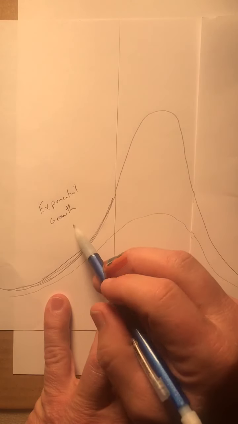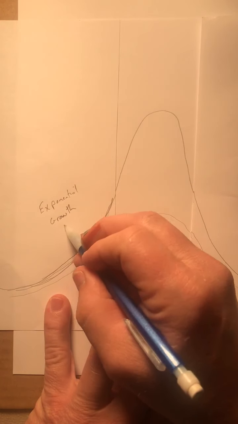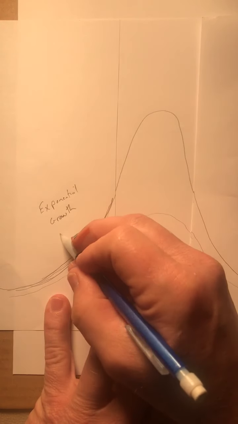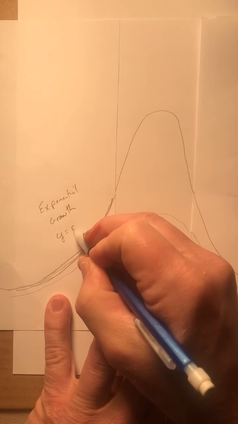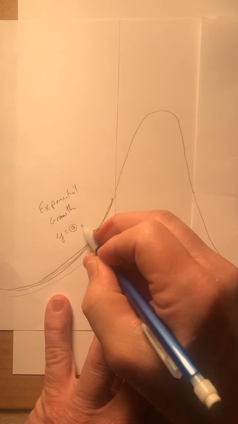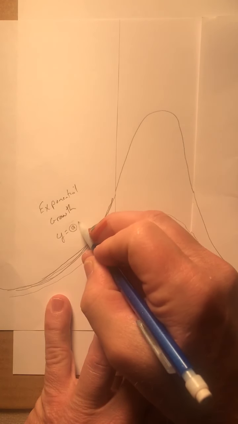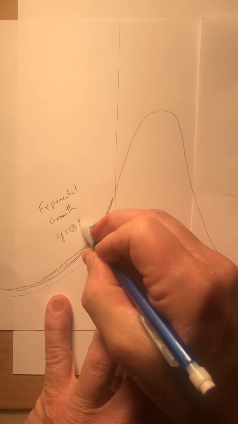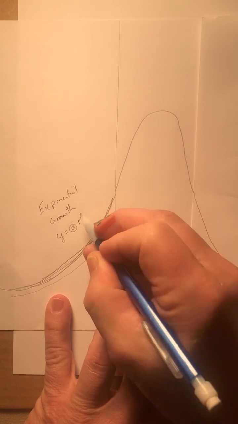What I want you to do is come up with the equation of this curve. This curve should be y equals a, you'll have to figure that out, and then there's an r in here, and the variable is x.